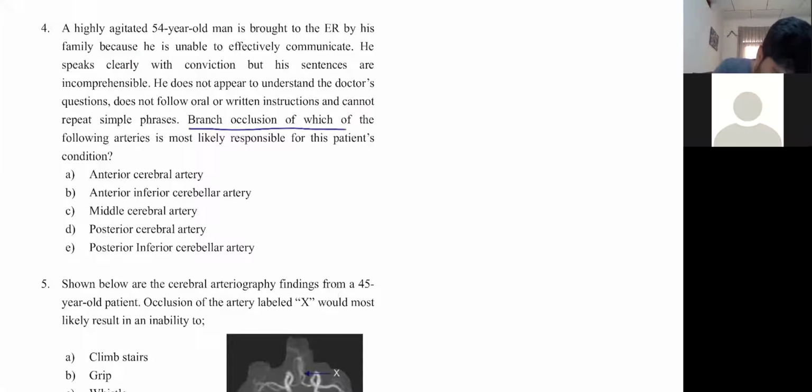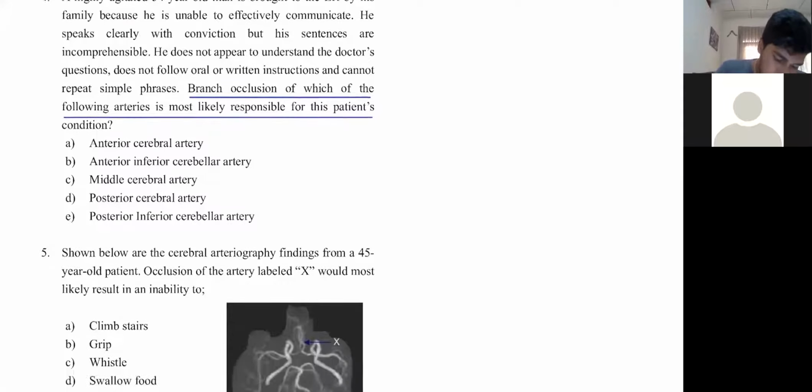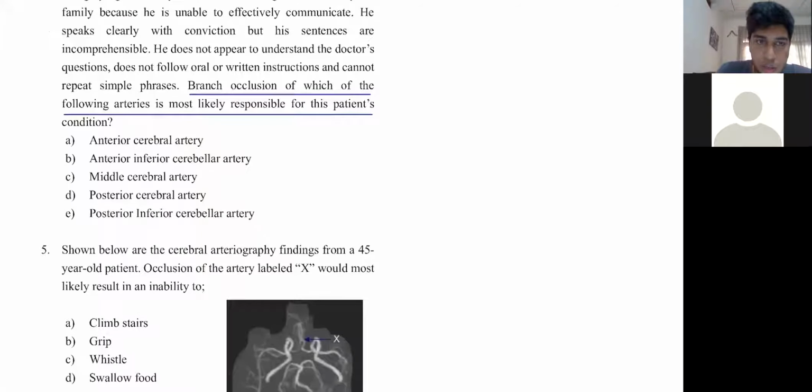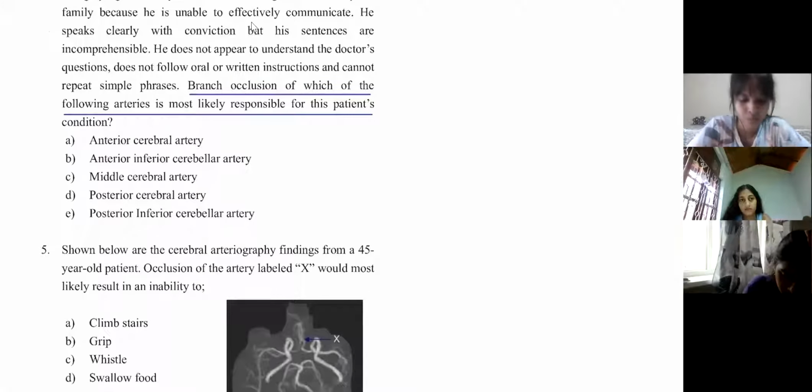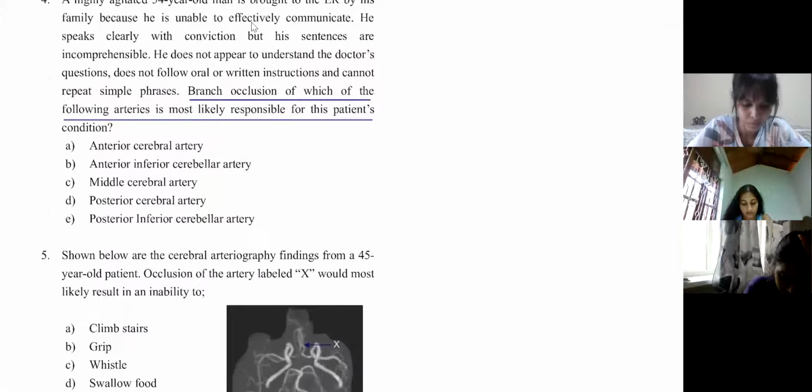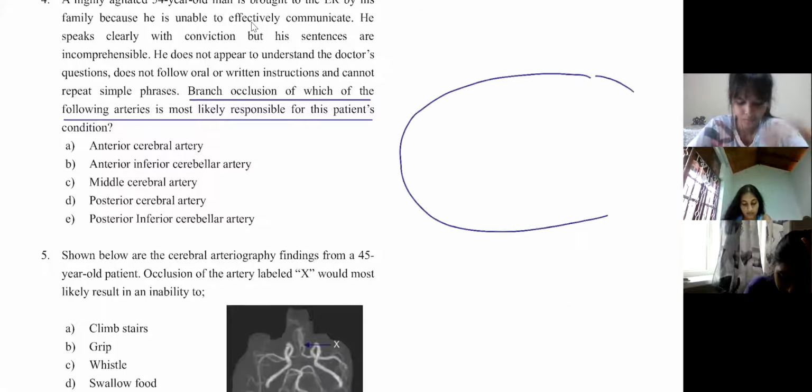This is asking which branch of which artery is most likely occluded. Send your answers, guys. What is the answer for this? At least 3 more people send, because this was a very easy part. This is all about the language center, and I discussed this thoroughly.